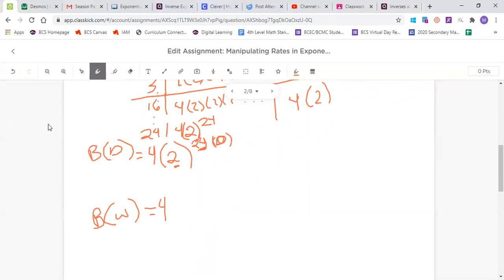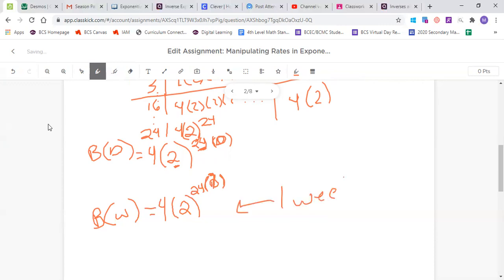So we started with the original, which was 2. We know that there are 24 hours in one day, and now I want to transfer this to weeks: 24 hours times the number of days, but how many days are there in a week? Well, there are 7 of them. And that would give me 1 week.